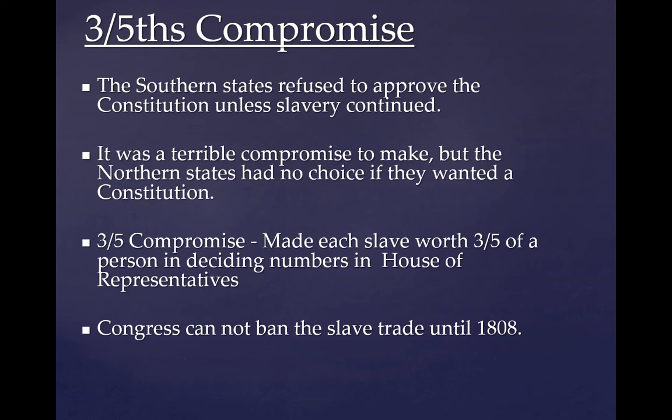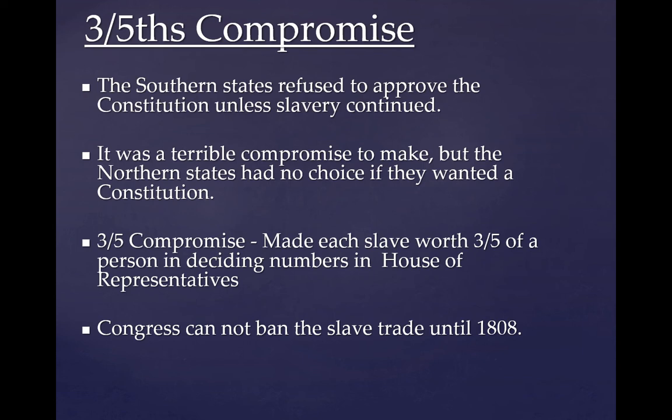So this compromise is obviously a really tough one because it needed to be done in order to get this all started. But for the North, it was a terrible compromise because it sets the stage for slavery to be the later generation's problem.